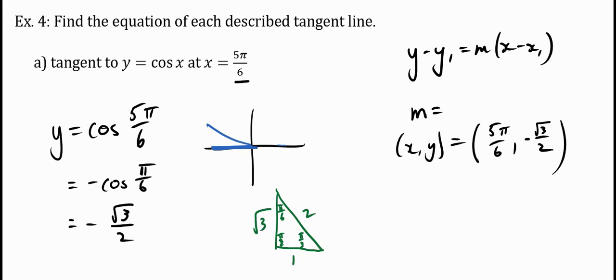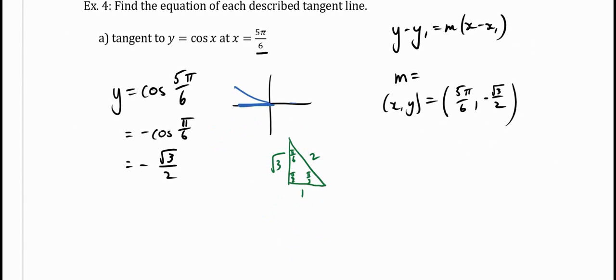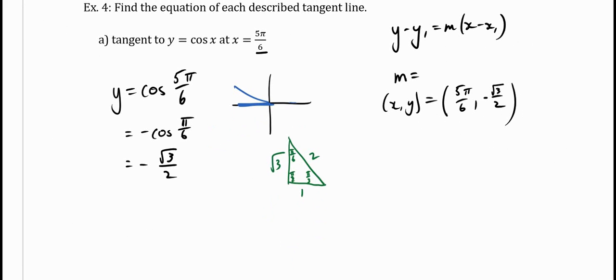I still need m. How am I going to find m? Got to have something to do with calculus, don't you think, since this is calculus class? We're looking for the equation of the tangent line at that point, so we need the slope of the tangent, which is the derivative, so we're obviously going to take the derivative.